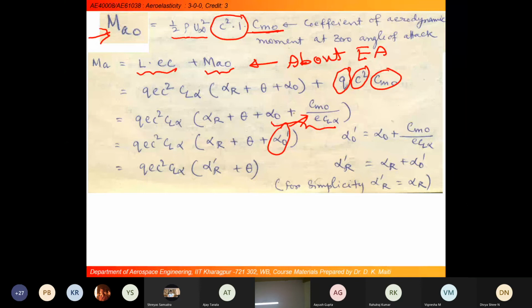Again, if you go far away from the fuselage, somewhere in the middle of the half wing span, whatever flow characteristics we get will be uniform. Typically, let's say you have a fuselage here and you are calculating the aerodynamic load.